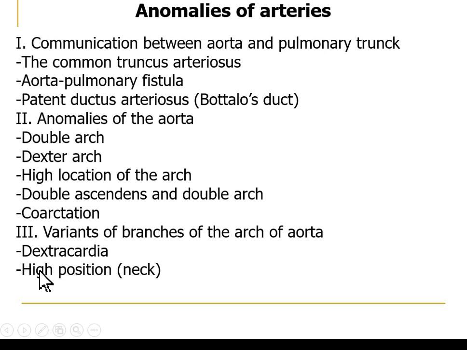High position: the aorta may be in the neck region as the heart. These are anomalies of the aorta and pulmonary trunk, anomalies of the precardiac vessels.